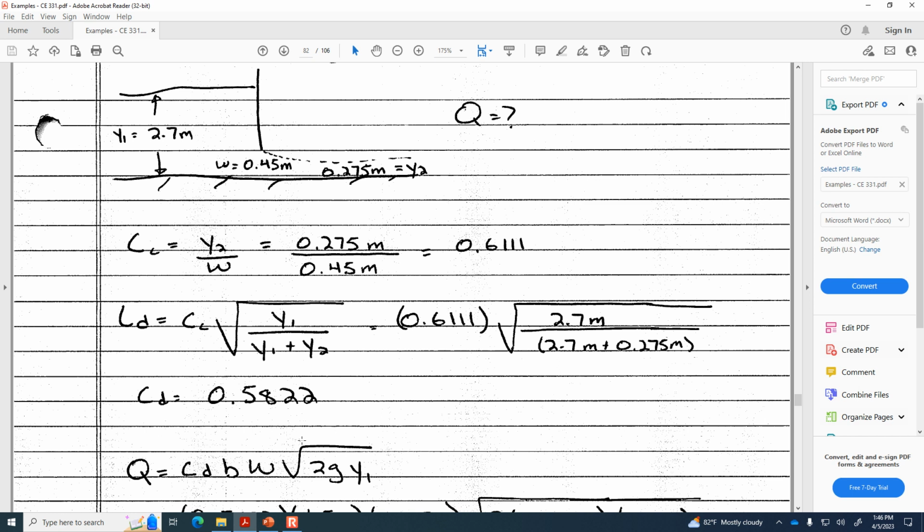So the coefficient of contraction is just the ratio of the final contracted depth to the gate height. So 0.6111 for this case. We use the coefficient of contraction to calculate the discharge coefficient. So the discharge coefficient is basically a correction factor that says how far this deviates from if there was no energy loss.